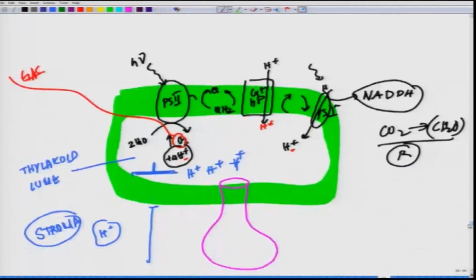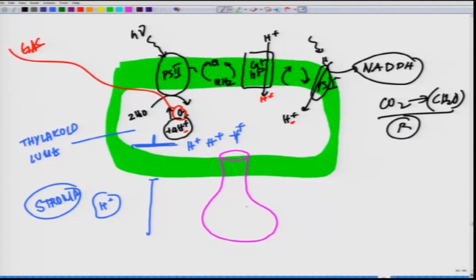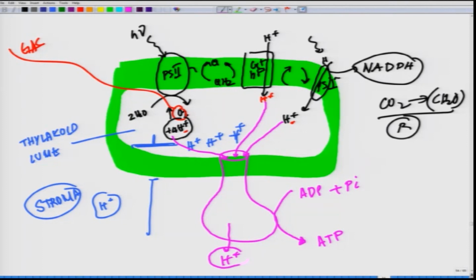Here also is exactly the same, the knob-like structure facing the stroma. This is the one where all the H+ ions are being funneled. The protons are funneled through this, and at this ATP synthase, now correlate it with the Jagendorf experiment: outside on the stromal surface you have lots of ADP and Pi, and because of the proton gradient it leads to the formation of ATP out here and protons come out.